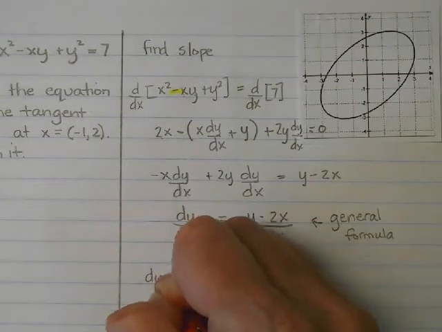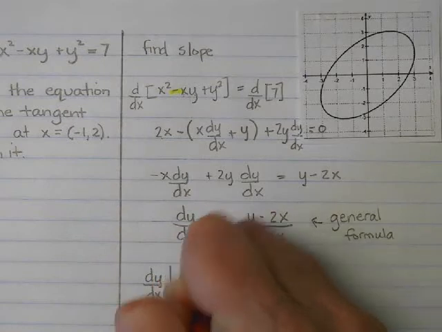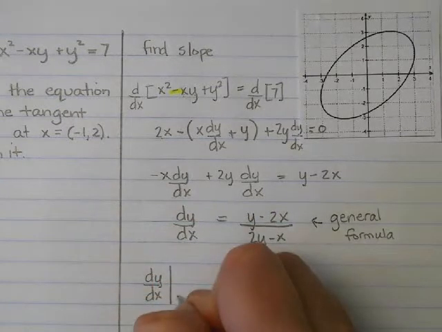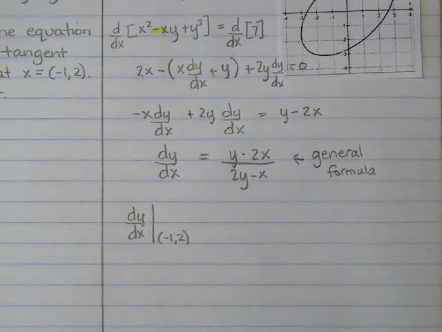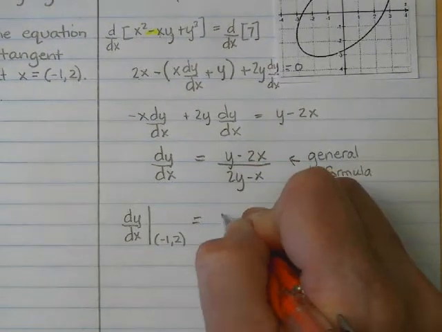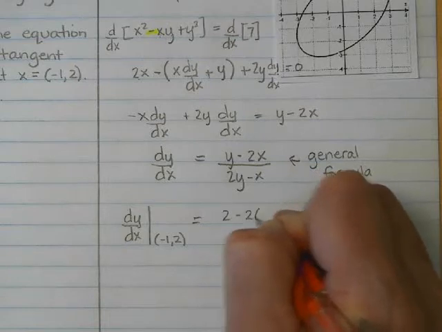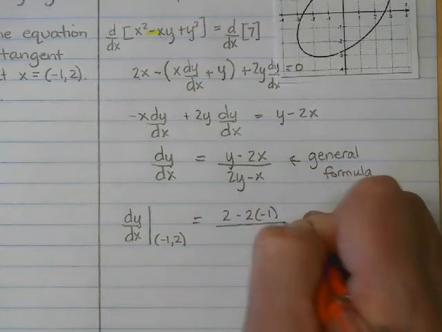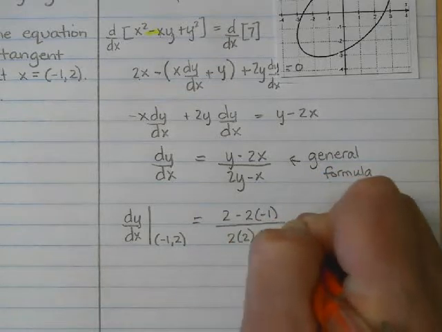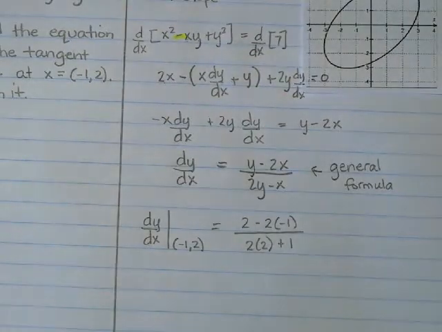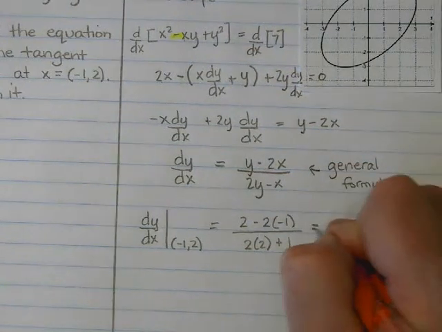But I specifically want it at the point -1, 2. Okay, so I'm just going to go, that's 2 minus 2 times -1, over 2 times y minus -1. And it looks like we're going to get 4/5.